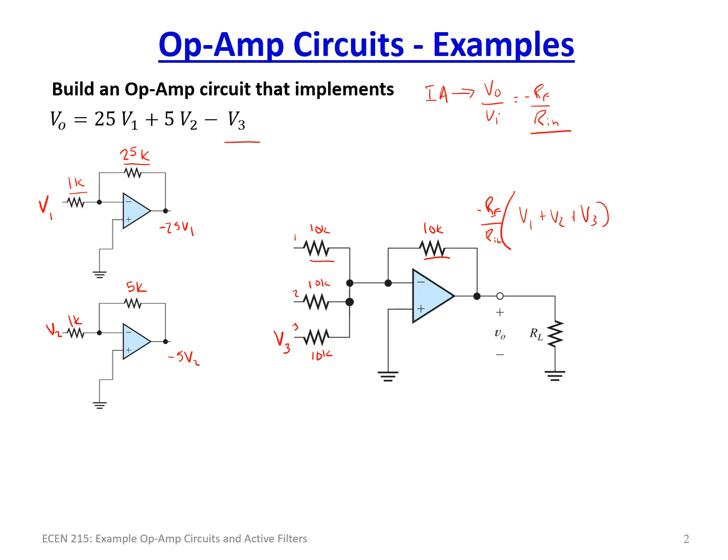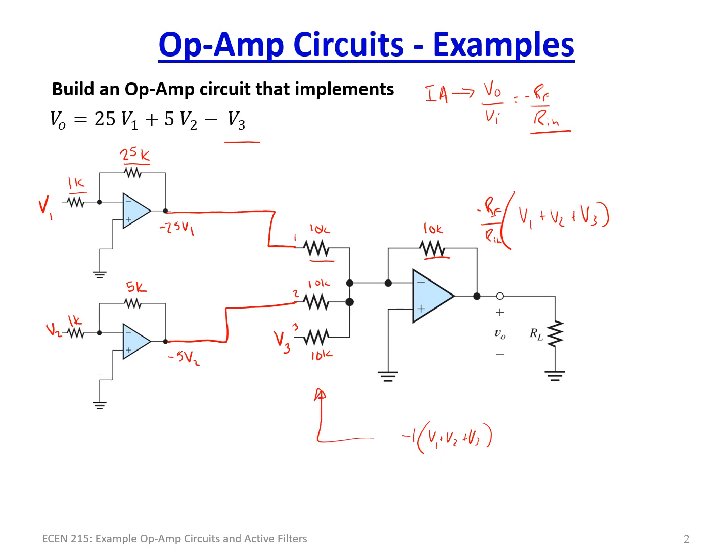And if we go ahead and connect this here, and we connect output number 2 here, what we end up with is a combined equation that's minus RF over RN, which is minus 1 times V1 plus V2 plus V3 of this part of the stage, right?